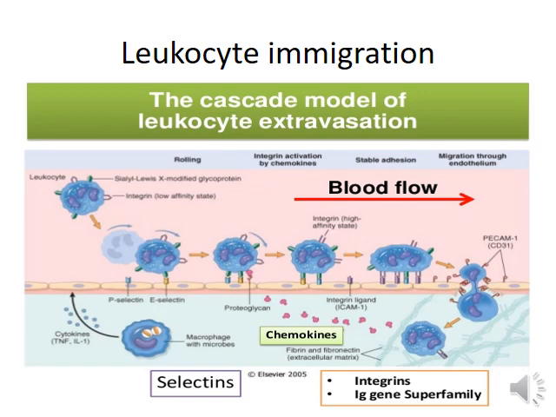It will guide the monocyte or neutrophil from the vessel to the damaged tissue. This is the immigration part of the leukocytes. The production of all of these proteins will be stopped under the control of cortisol.